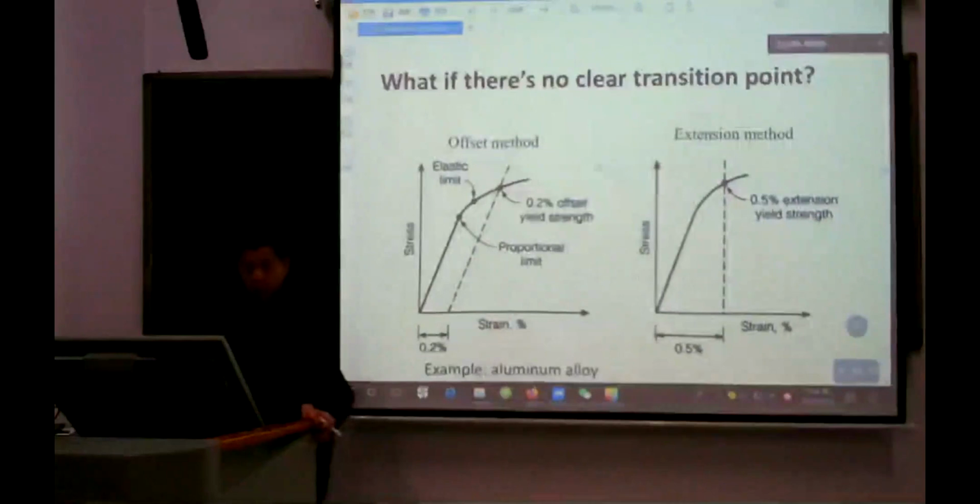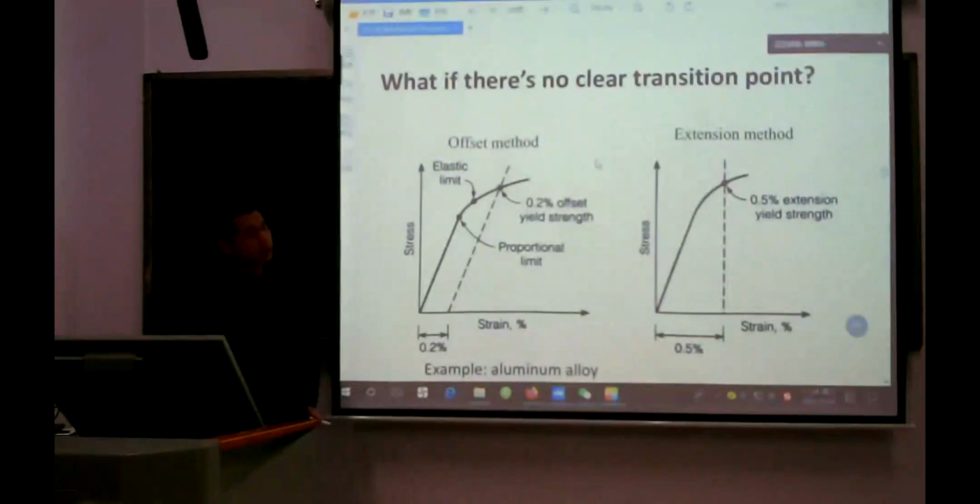Sometimes there are plastic, brittle material, ductile material. How to get the yield strength?